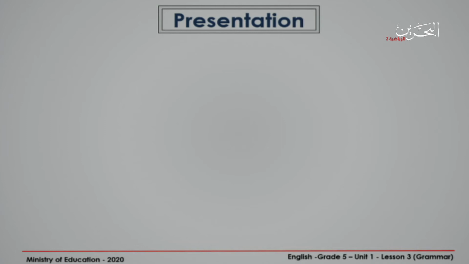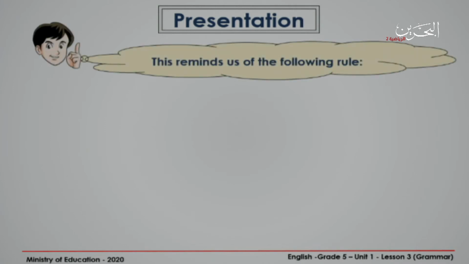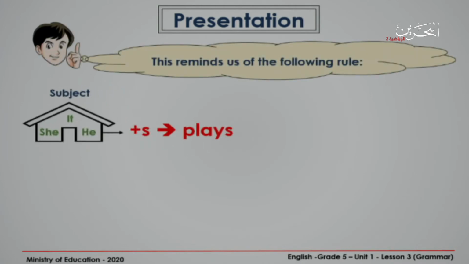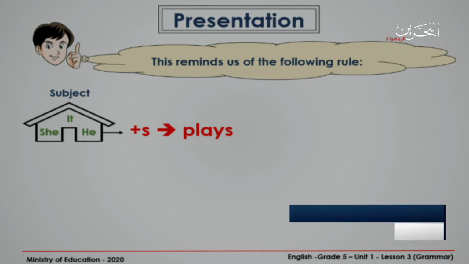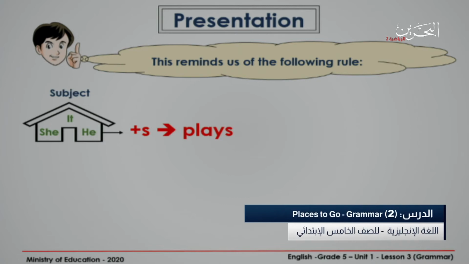I will explain the rule for you one more time. This is the first family. We have in this family the pronouns he, she, and it. Or you can also use a name, one person's name, like Ali or Sarah. If you have one member of this family, you have to add an s to the verb.